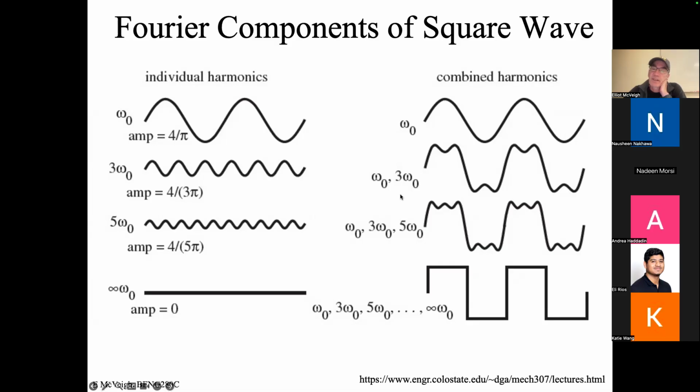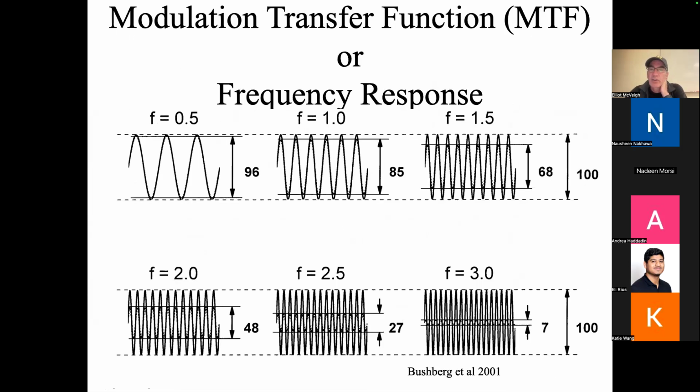So these high frequencies are required to make these hard edges on things that you want sharp pictures of, like things that have high resolution, right? And you can quantify how the system responds to different spatial frequencies in the pattern.